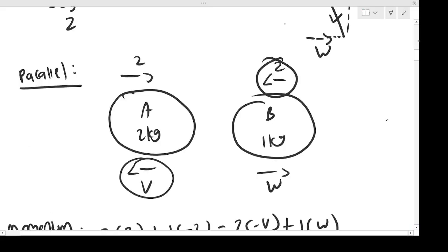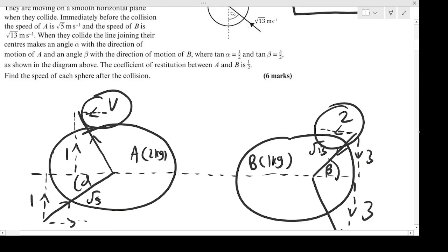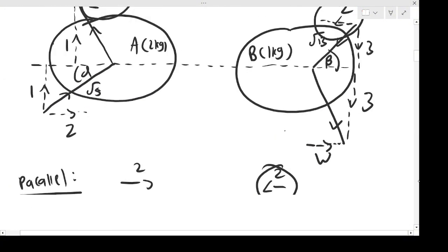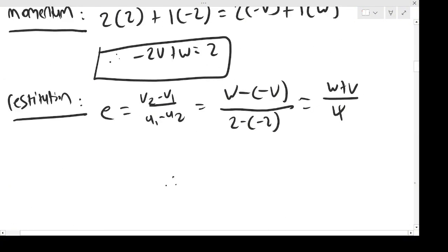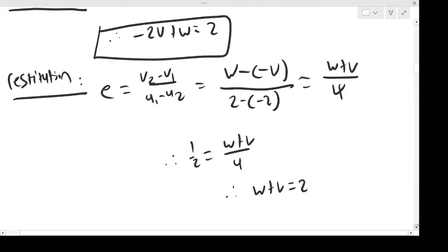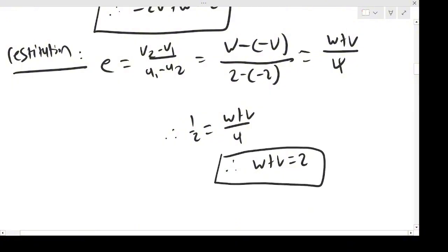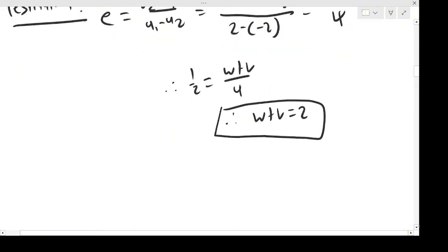And also we are told what E is. E is a half, the coefficient of restitution. So that's equal to a half. So therefore, we're going to get W plus V to be 2 if we multiply by 4. And there we are, we get this second equation here. So now we've got simultaneous equations. So W plus V is 2.